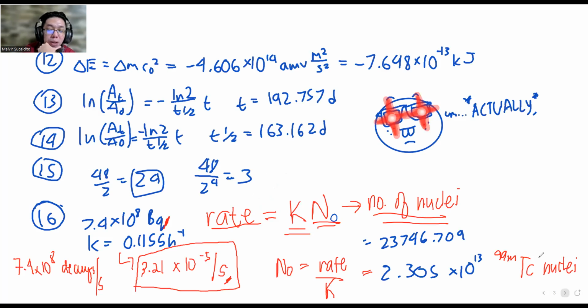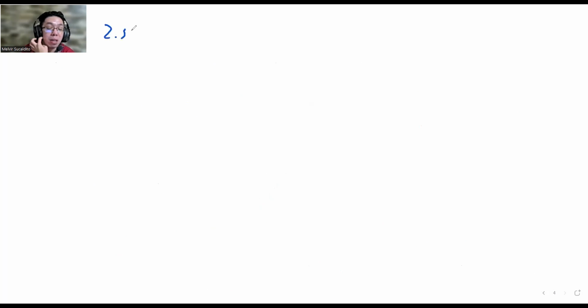So you start with the number of nuclei. That's 2.305 times 10 to the 13 nuclei. Per nucleus, one gamma photon is produced. Then per gamma photon, there is an equivalent energy. Okay, good.